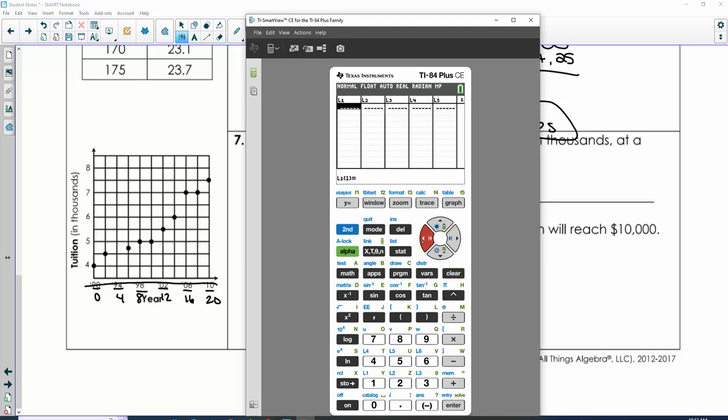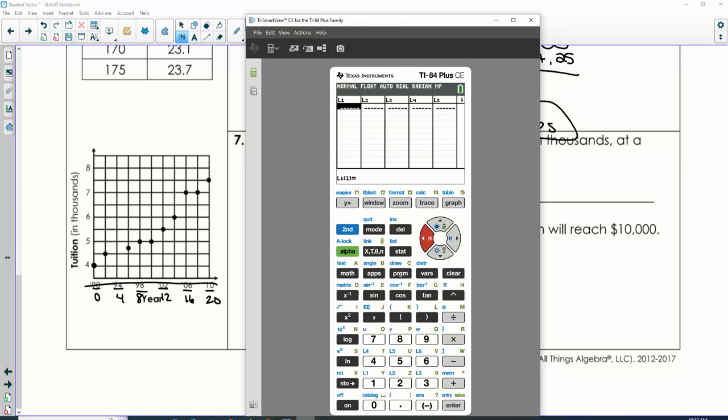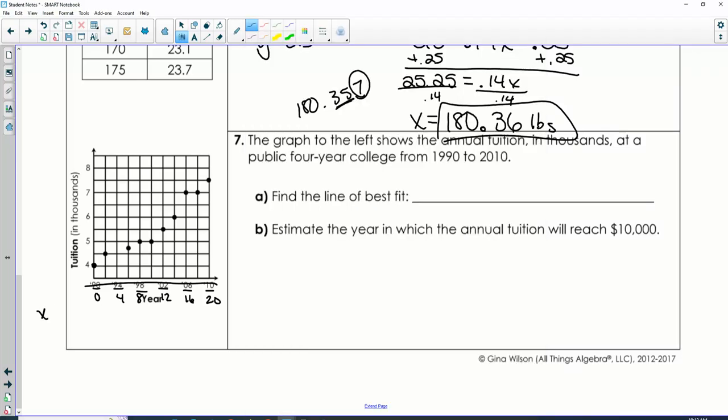Okay, so if I look at this first point, my year is 0, my y was 4. So I'm going to put a 0 for the first one, my y is 4. So it's like a point. If you want to, you can write them out in a table first, if that's a little bit easier.